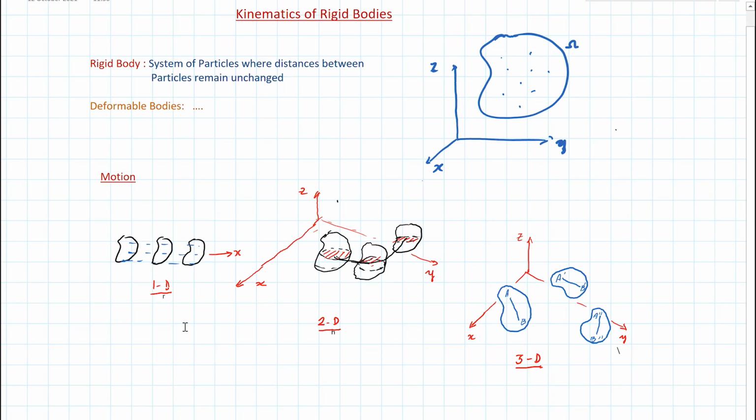Here, all the particles are moving in the x direction, and the body remains parallel to itself while undergoing the motion, in the sense that the paths of the particles are straight lines parallel to each other, all parallel to, let us say, the x-axis. This is really a one-dimensional motion, and we consider that it has degree of freedom 1.